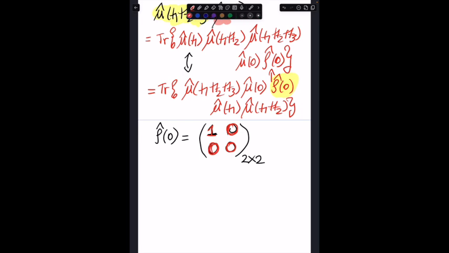So this means that the probability of finding your sample in the ground state before any light field is incident on it is equal to 1.